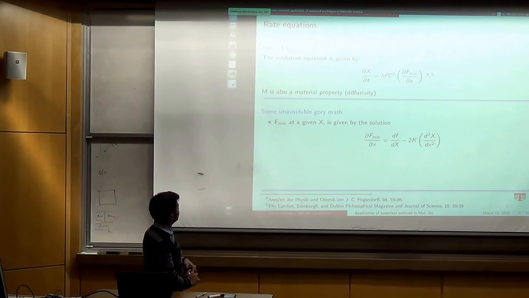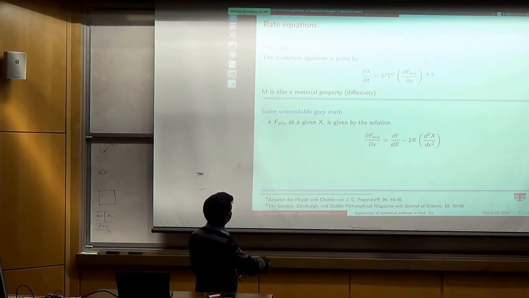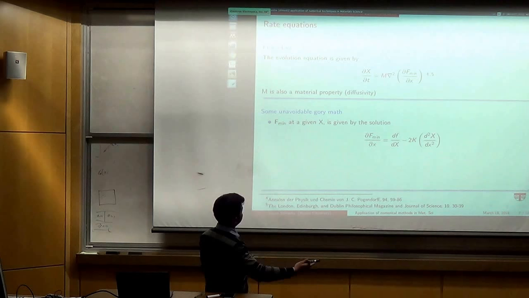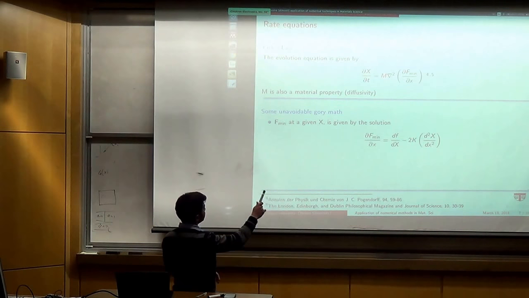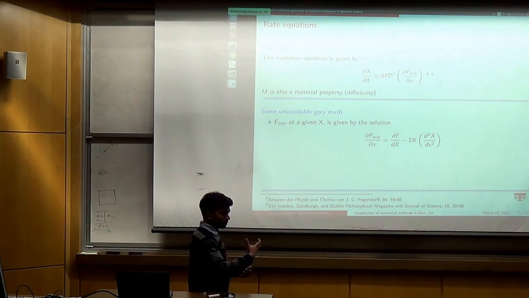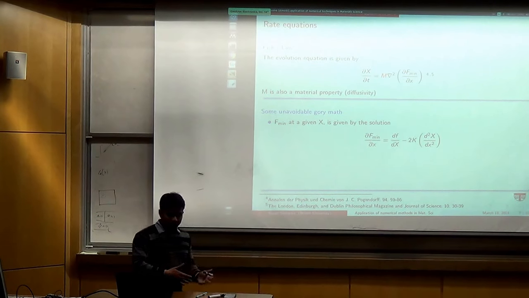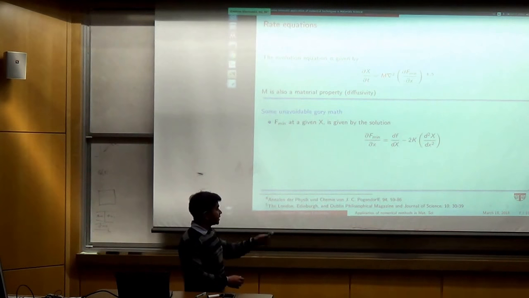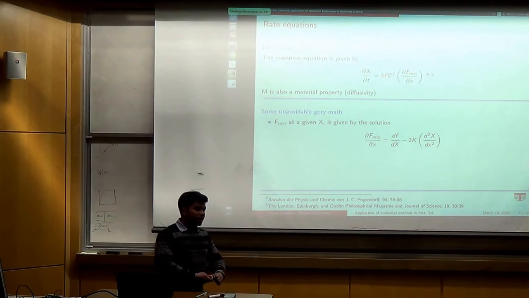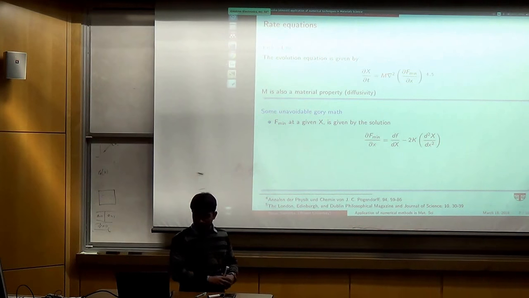Alright, so what do we need in this? We want to see how x changes with time. So for that we need to identify the function which minimizes the functional that I gave you. And I'll not do all the derivation of this. The derivation is known as the Cahn-Hilliard derivation of phase field, which is a seminal paper which I can forward with this mail.